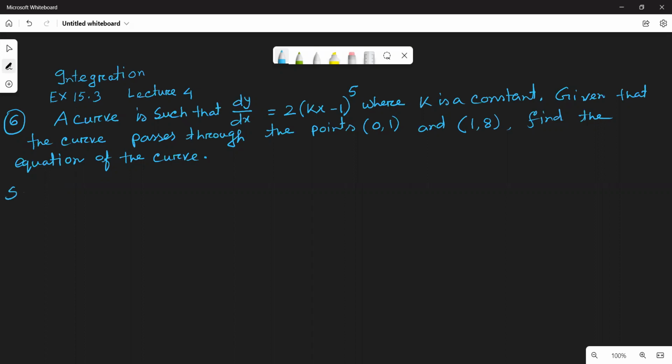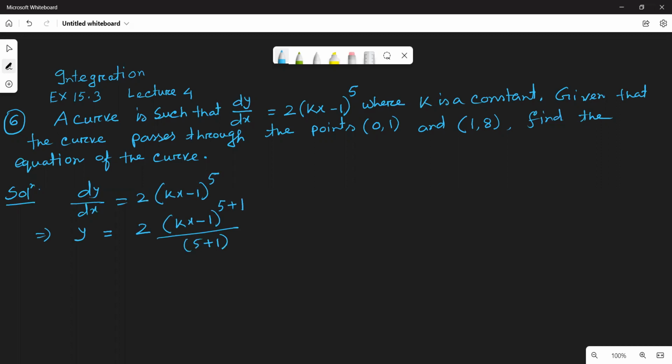So at first we will integrate dy/dx. So dy/dx equals 2(kx minus 1) to the power 5. If we integrate, we will get y equals 2 times (kx minus 1) to the power 5 plus 1, times 1 by (5 plus 1) into k, plus c.